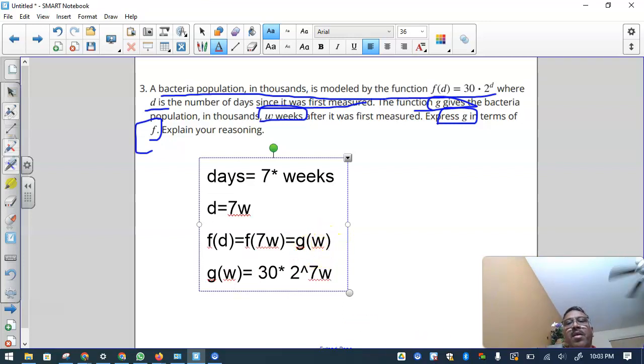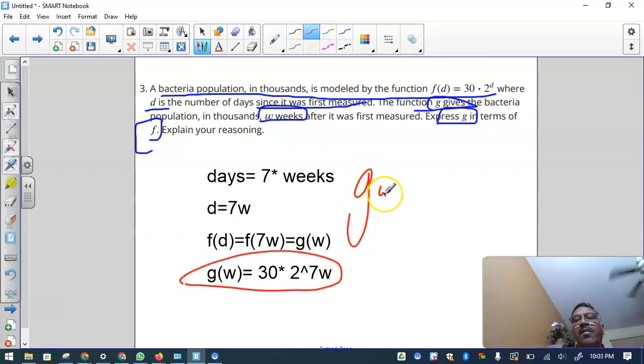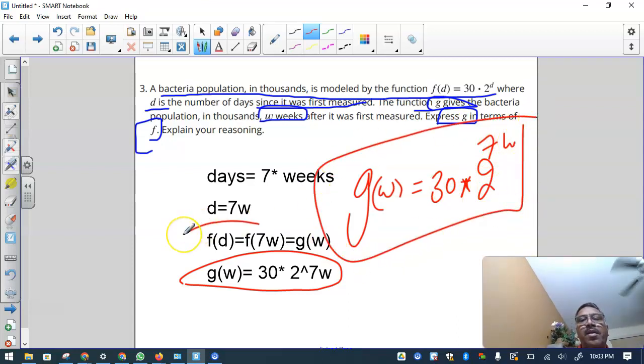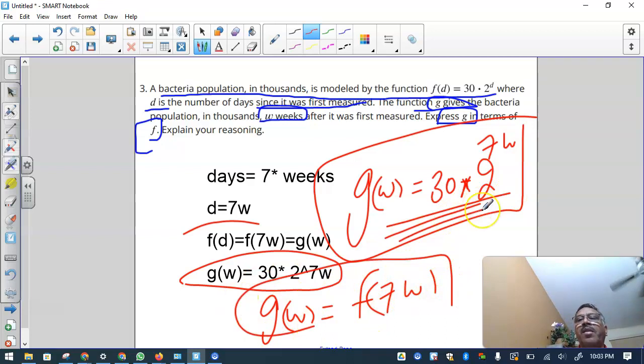So basically what I'm saying is G of W is 30 times 2 raised to 7W. That's it, so this is the relation. That means G of W is f of 7W. That's the main thing. If you just write this much, that's correct. Hope that helps.